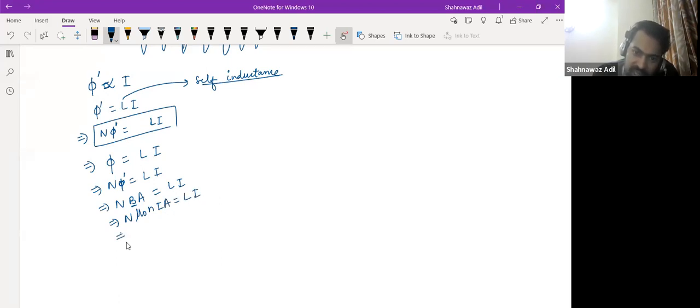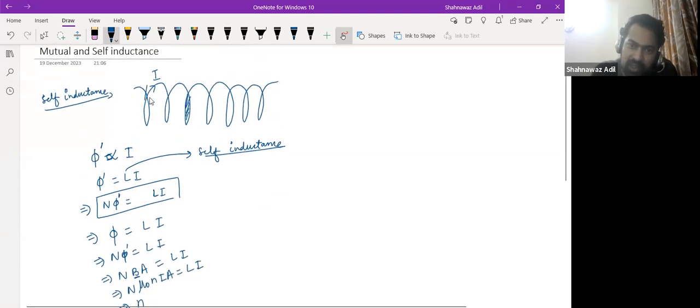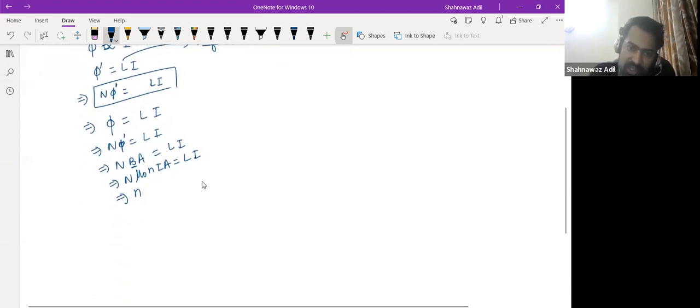So if we write this number density, or if we write this N, let's take this length to be L. So from here to here, we are taking this length to be L. This is N over L, this is mu naught, this is NIA, and this is LI.